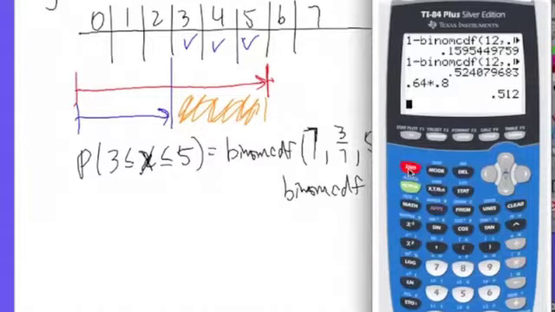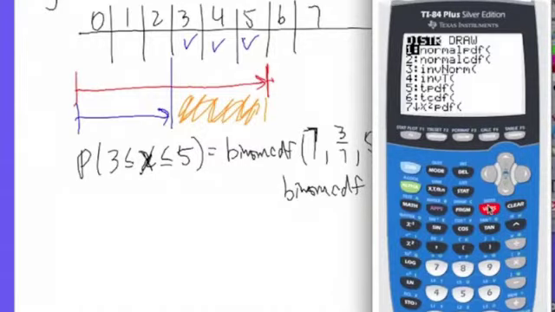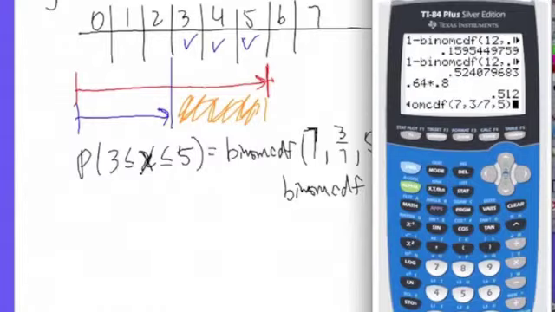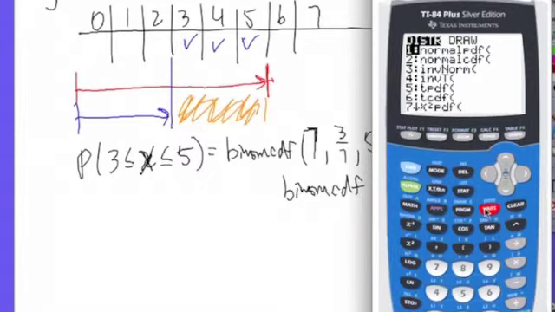So again, using the distribution feature in your calculator, you want this to be 7, you want this to be 3/7, and you want to add up to 5, the first part. And then we want to subtract. Again, I'm going to go into the distribution.